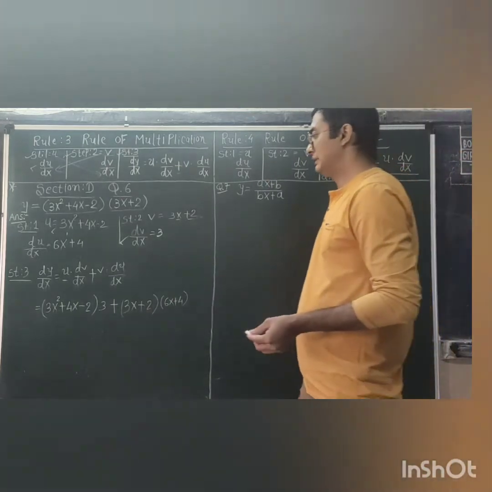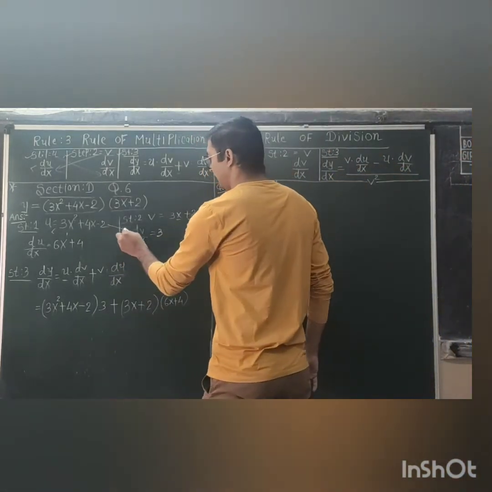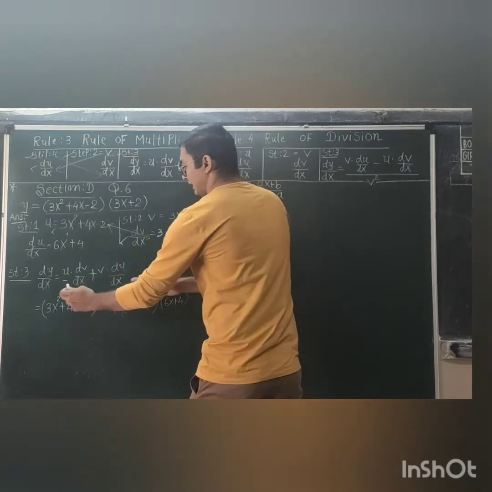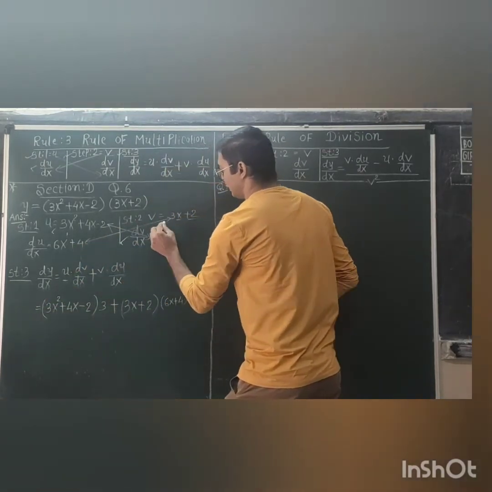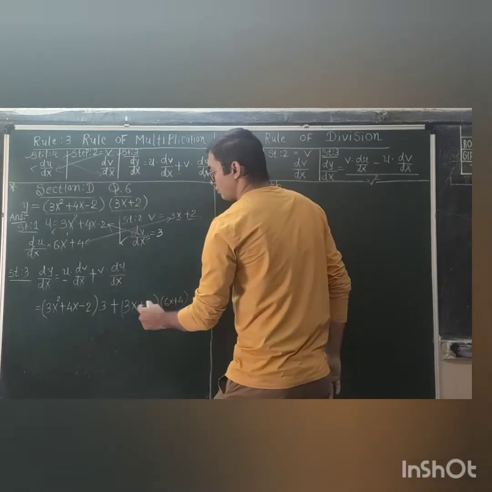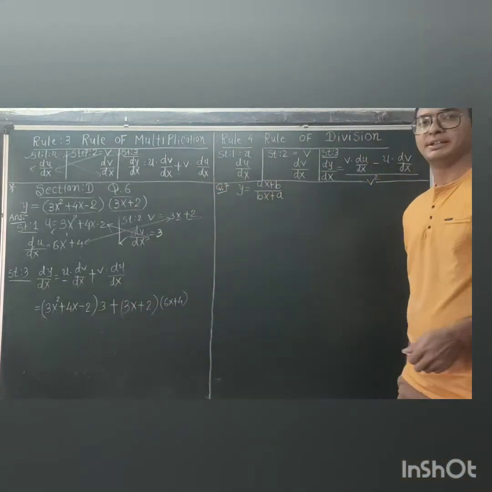Understood? Once again, multiplication of these two values is here, and multiplication of these two values is here, and between these two there is a sign of plus.